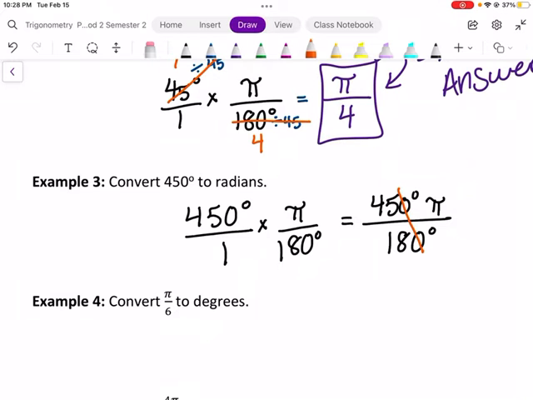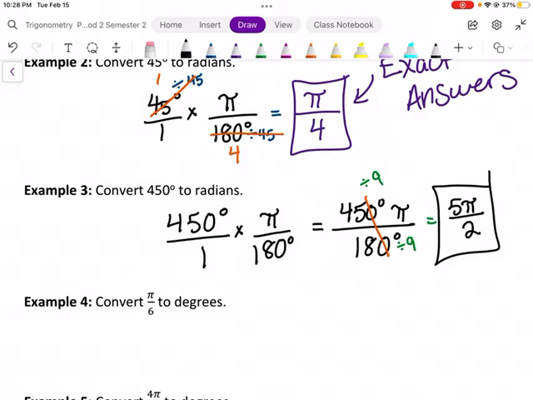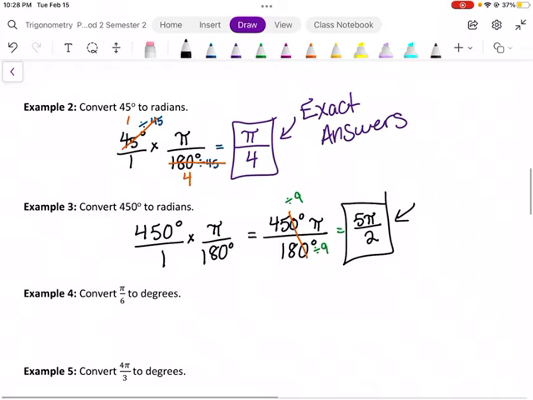Now we have 45 and 18. Another number I know goes into both of them would be 9. And that would leave us with 5 pi over 2, which is our most simplified answer. You just want to find those common factors, and you do need to simplify as far as possible.